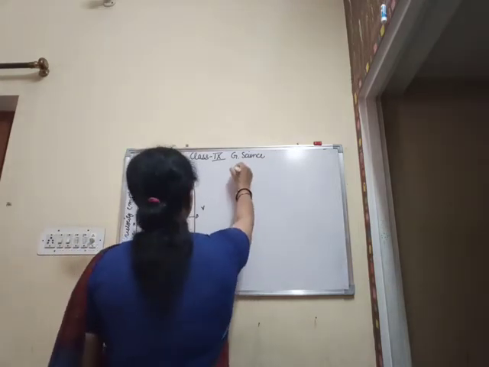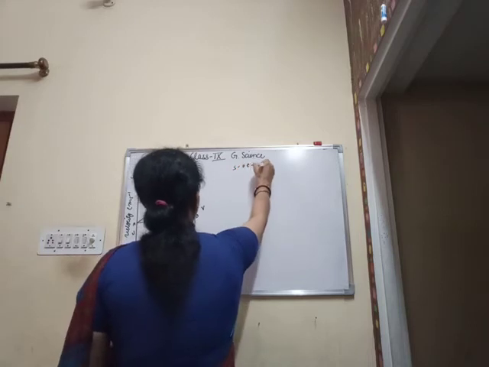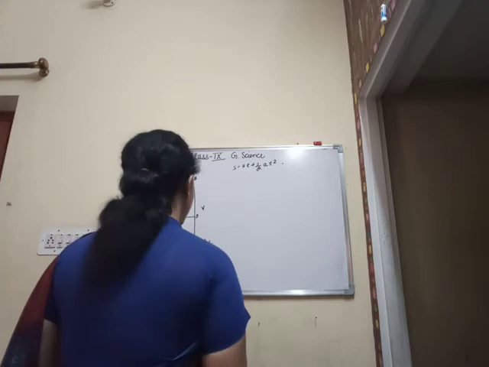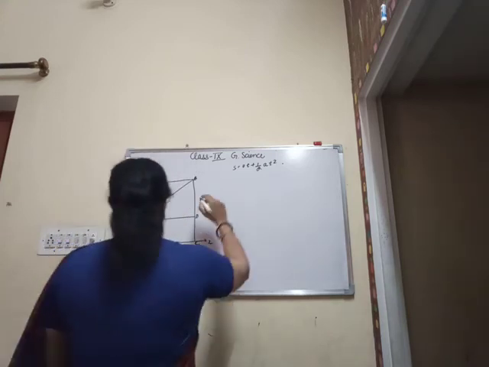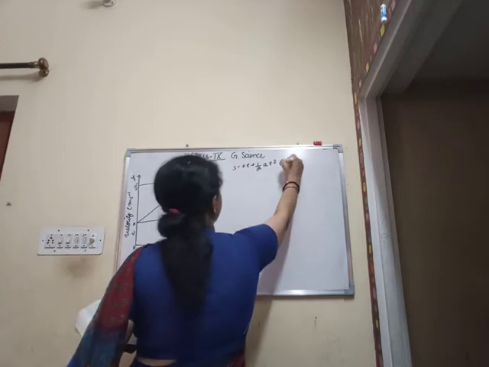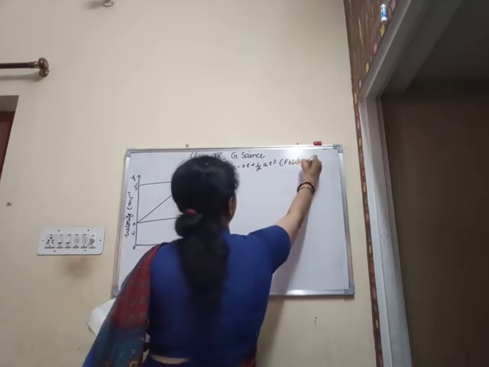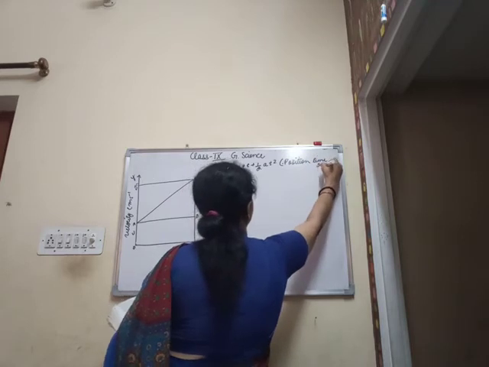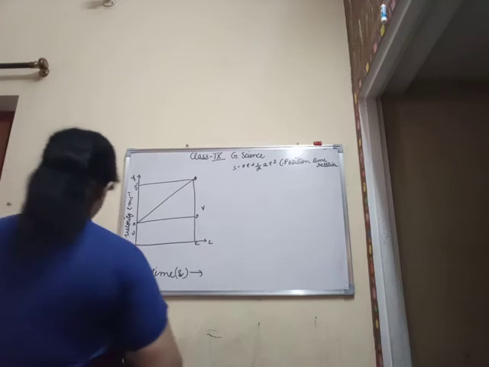S is equal to ut plus half at square. When we are talking about this, this is representing the position time relation. Our second equation of motion represents the position time relation. Now how are we going to deduce our values for this?